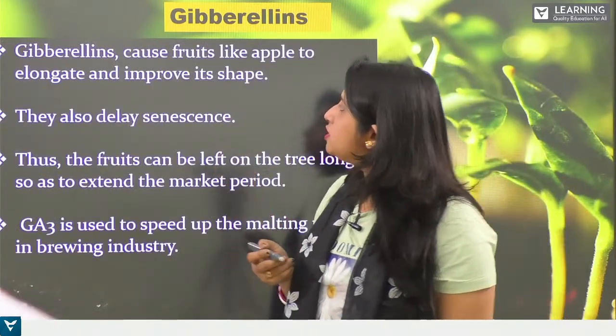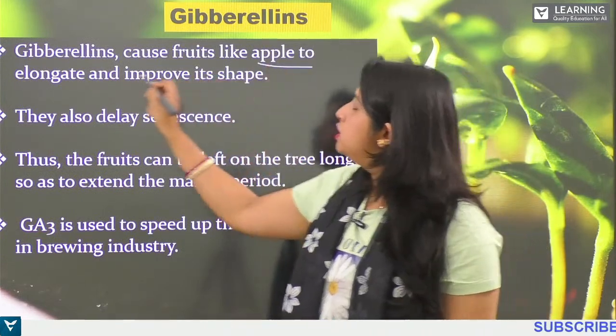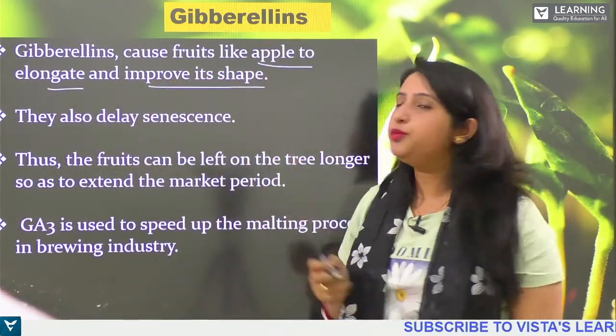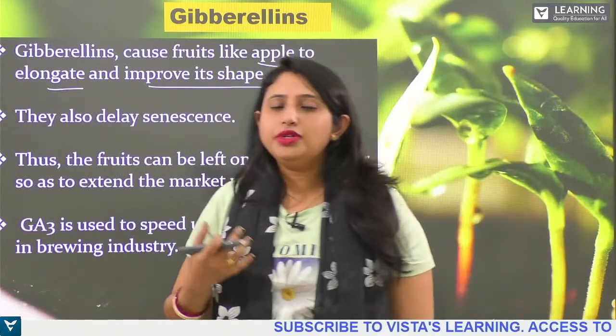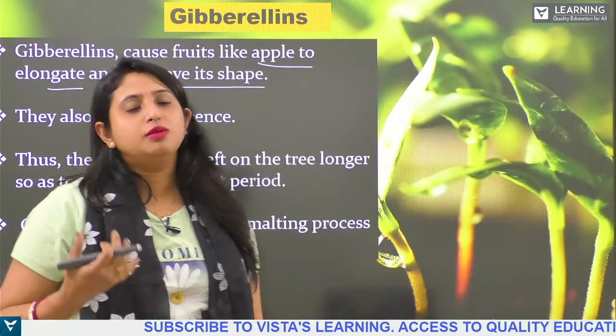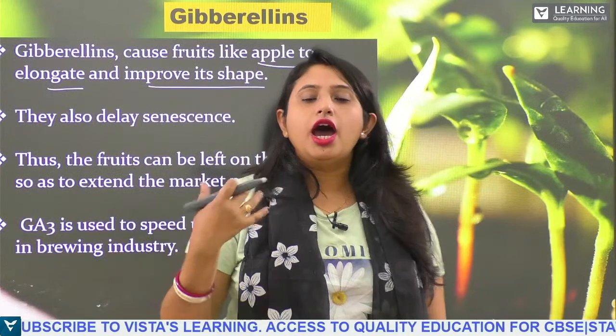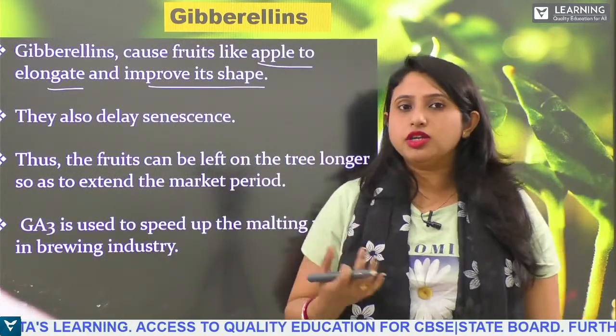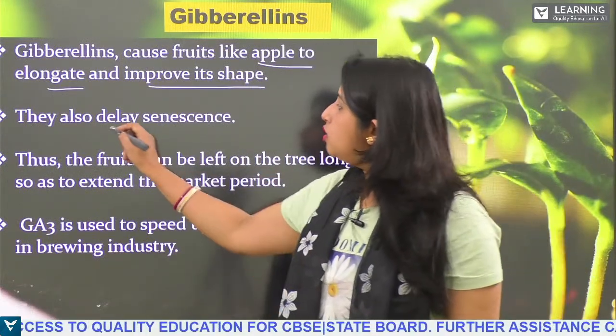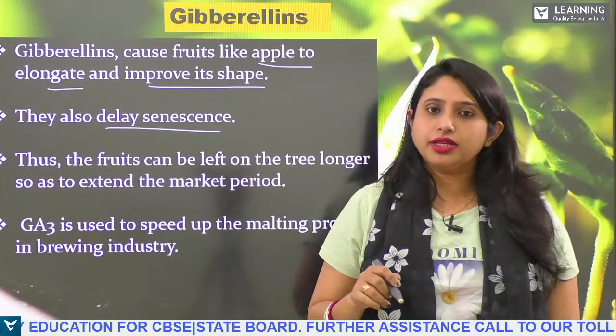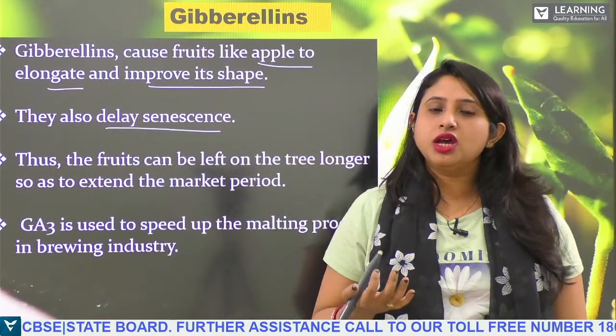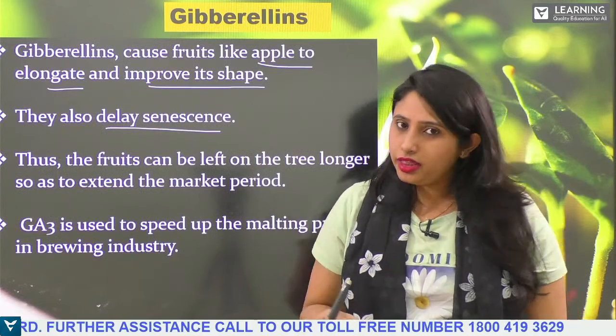Gibberellins cause fruits like apple to elongate and improve their shape. They also delay senescence. Senescence means the aging and death of the plant.